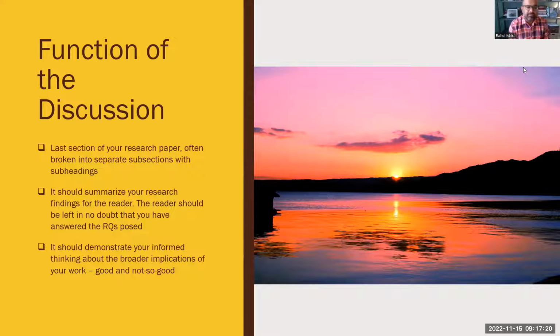It should also demonstrate your informed thinking about the broader implications of your work, both the good and the not so good implications, right? And this means recognizing how you're contributing to theory and potential everyday practice, as well as the limitations of your research. What were the potential drawbacks of the methods that you employed or the theories that you utilized?